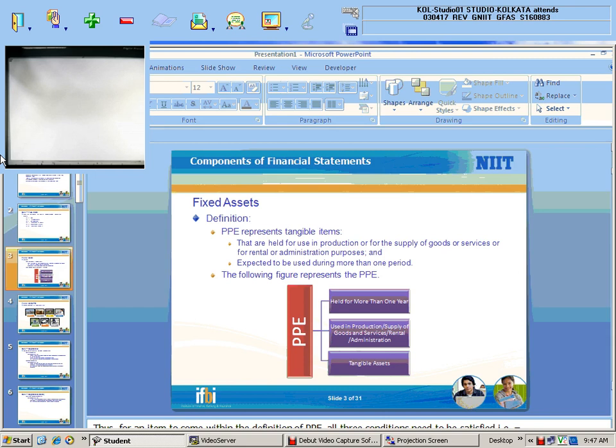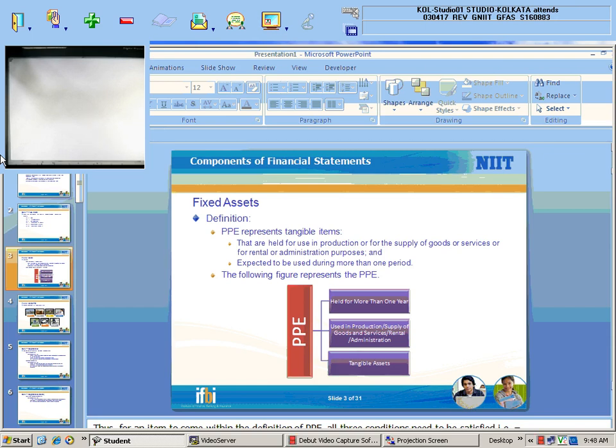Number one, they are held for use in production or for the supply of goods or services, or for rental or even for administration purposes. Rental, if it is in the ordinary course of business.